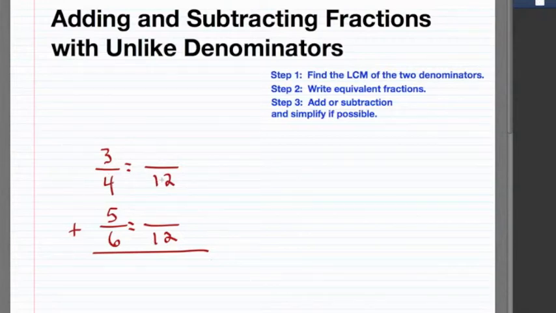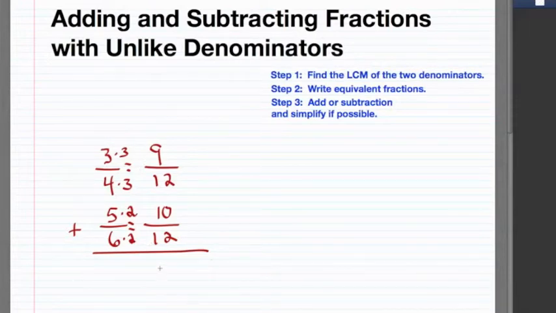So to get from 4 to 12 is times 3. So I'm going to multiply my numerator by 3, and that gives us 9/12. And to get from 6 to 12, I multiplied by 2. So 5 times 2 gives us 10. So now I'm left with 9/12 plus 10/12.